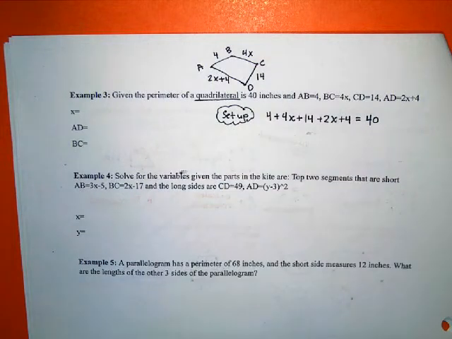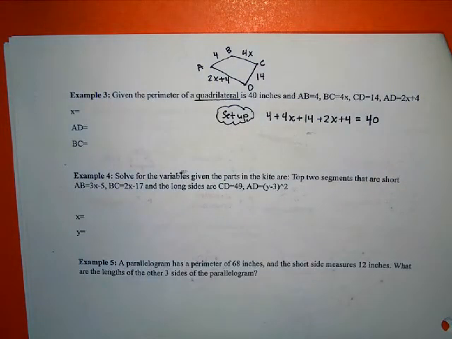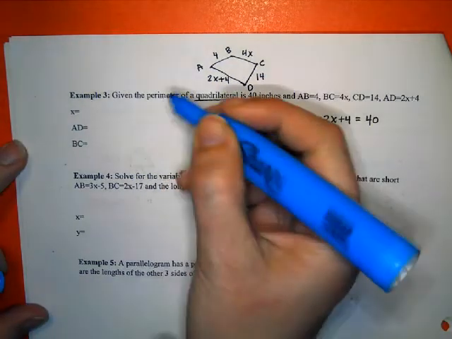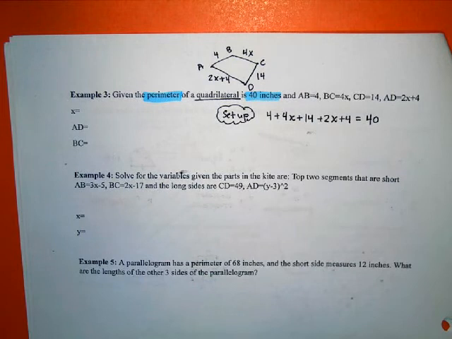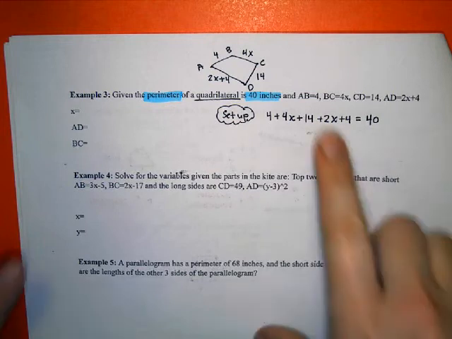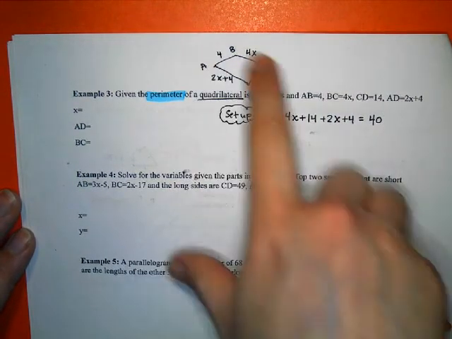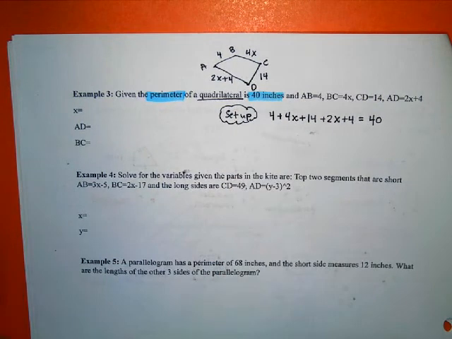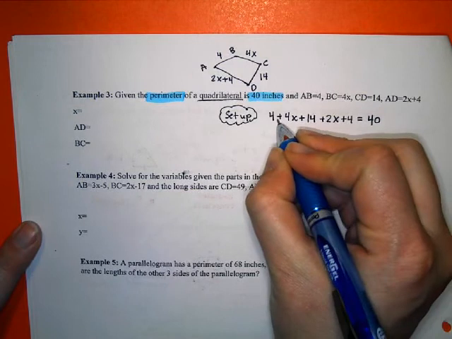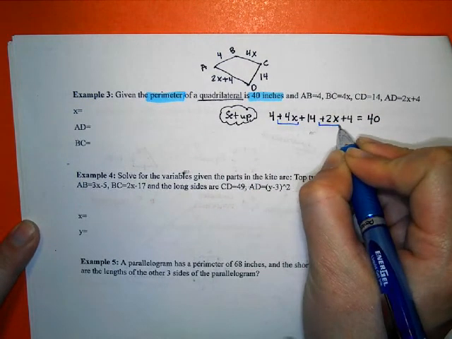I did 4 plus 4x plus 14 plus 2x plus 4 around the quadrilateral, and I equaled it to 40. What's perimeter? The lengths all the way around added up together. I added all of the lengths together around my shape and equaled it to its perimeter.